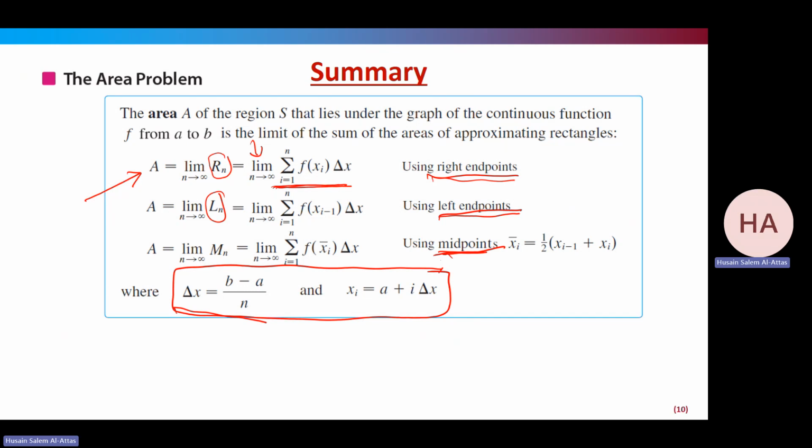I have a fixed width. In 5.3, we'll deal with non-fixed width, and xi is this. Xi minus 1 will be what? A plus i minus 1 delta x. Xi bar, you have it here, so you can do everything.